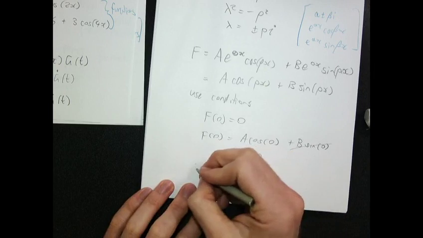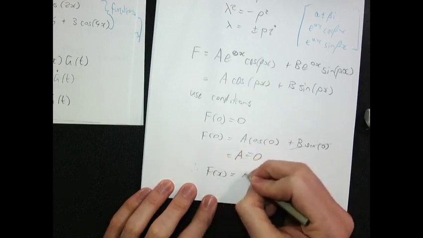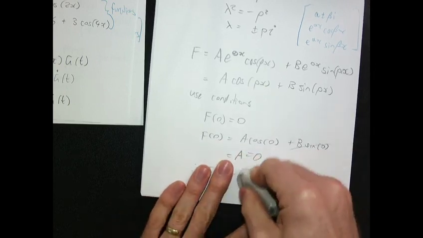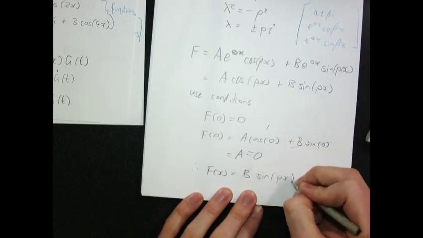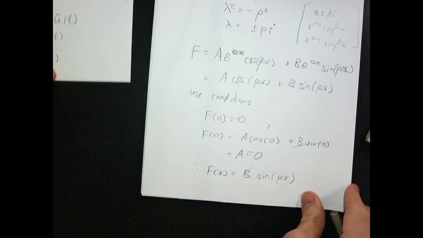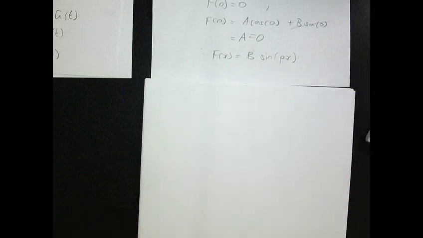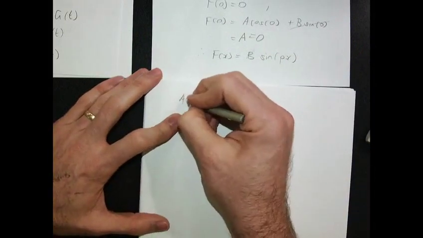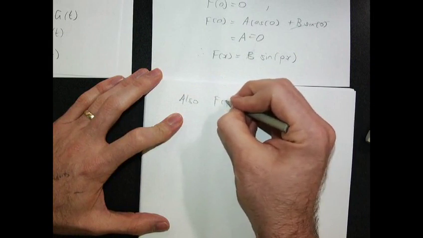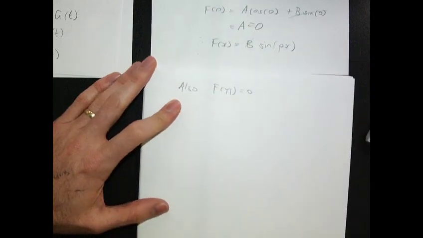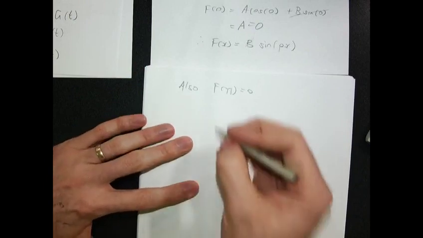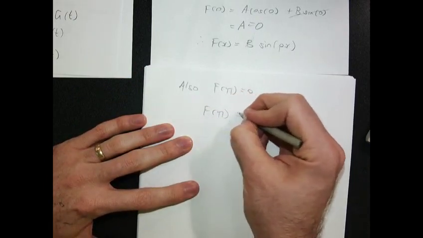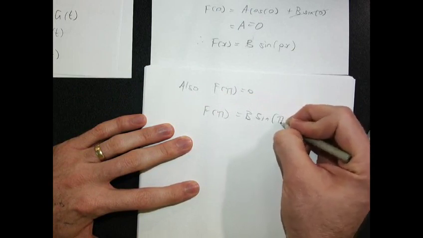So that means that therefore f of x is actually, no, there is no a, because a is 0. b sine px. Okay, that's where we're up to now. We haven't used our second condition yet, so let's put that in. Also, f of pi is 0. Yep, that's all good. f of pi is 0, so let's see, f of pi is b sine pi x.